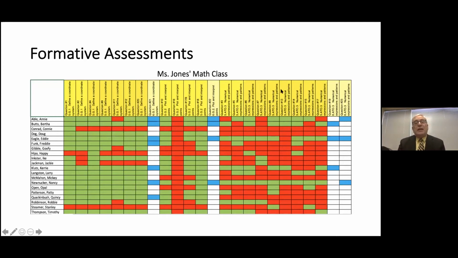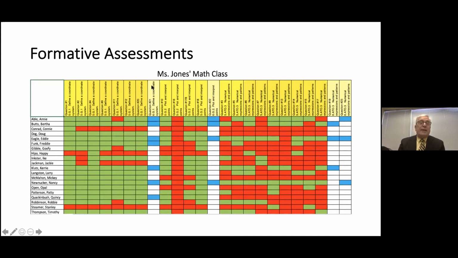This would be the area that either the benchmarks or the test blueprint tells you there'll be more questions. And obviously this standard receives the least amount of attention because it is the least impacted on the state assessment. So most impacted, middle impacted, and least impacted.